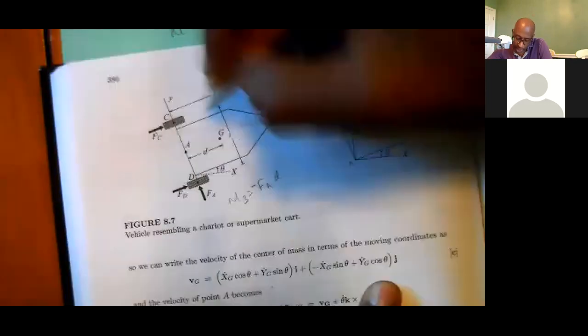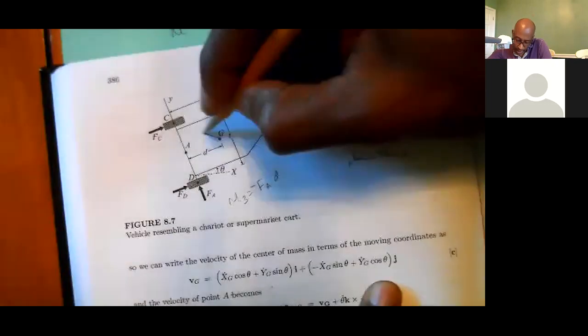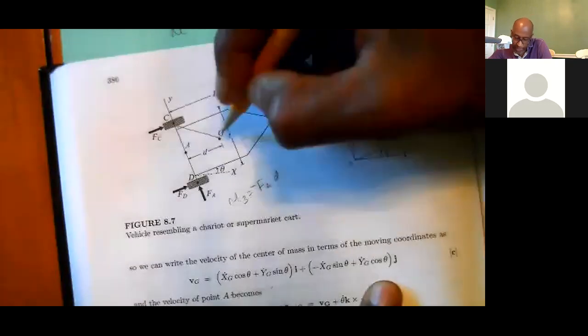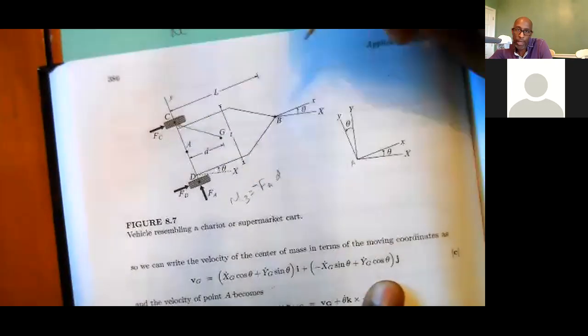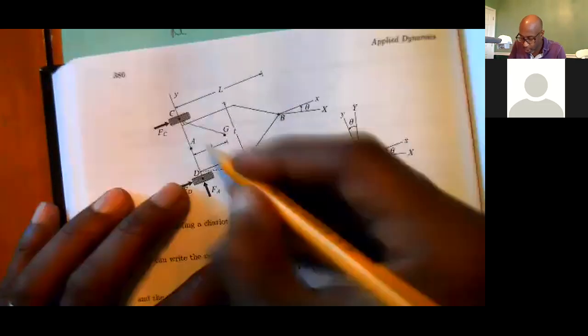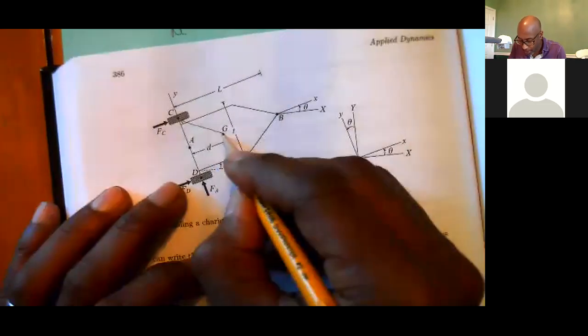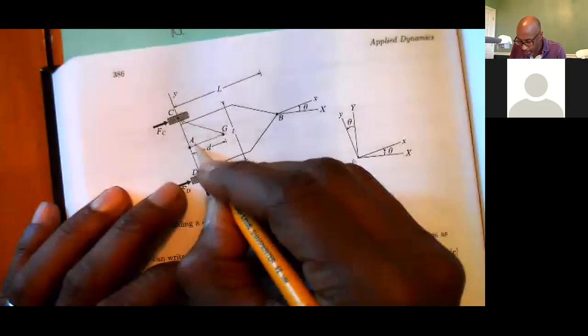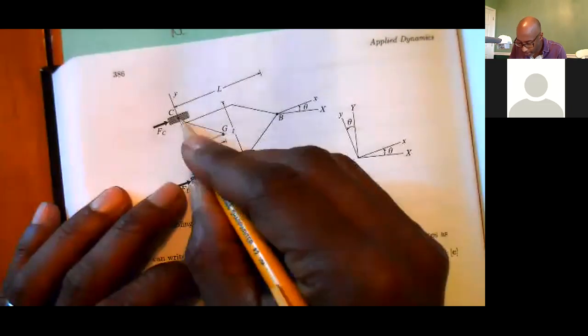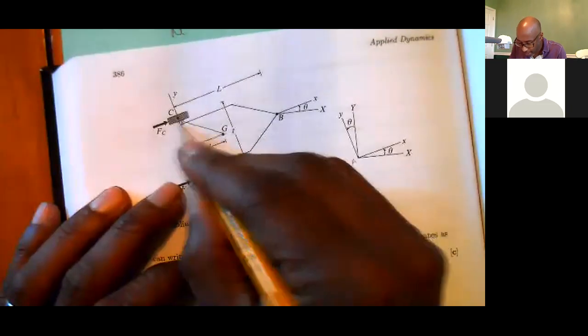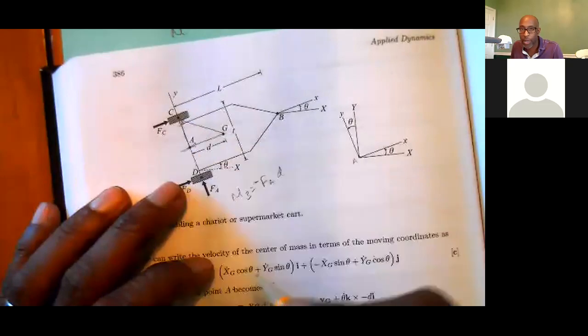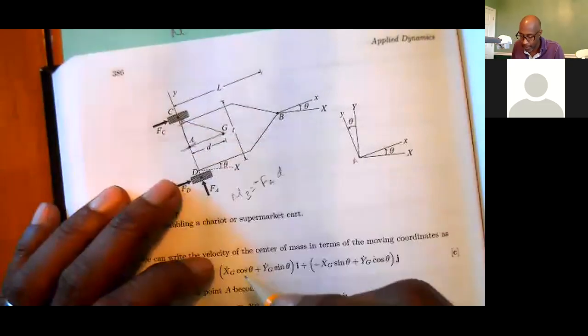If you just say what's the distance, that's the distance from G to FC. But you only want the perpendicular component to it. This is the parallel piece. This is the perpendicular part. And that distance is T over 2. Okay. Yeah.